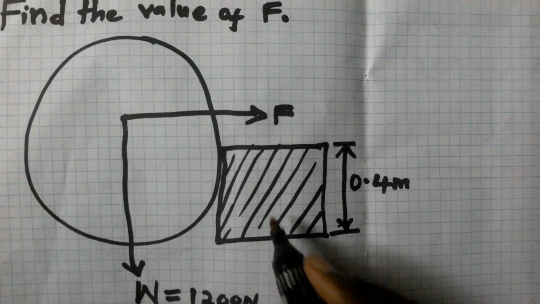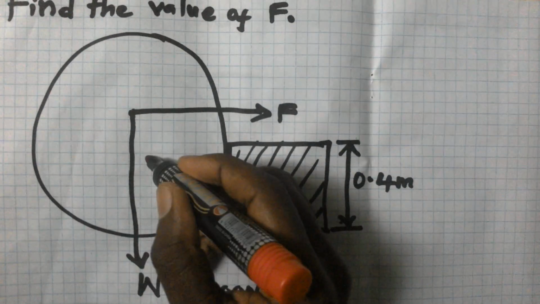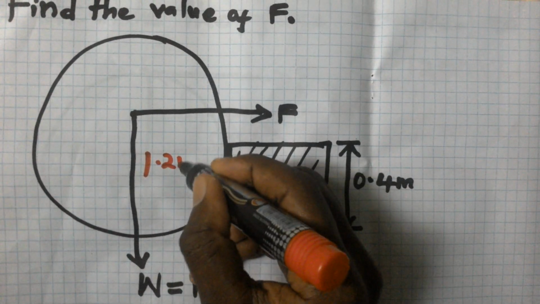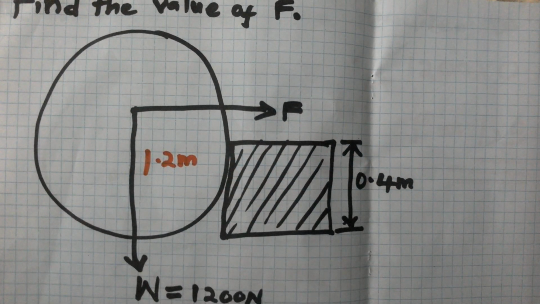So you have been told that this is the metal block, and this particular wheel has a radius of 1.2 meters, and the weight is 1200 Newton because it has a mass of 120 kg. So you want to find the value of F, the force just sufficient to turn the wheel over the metal block.